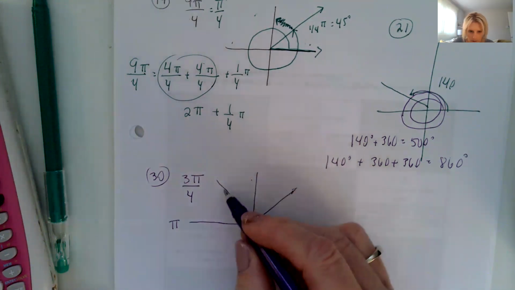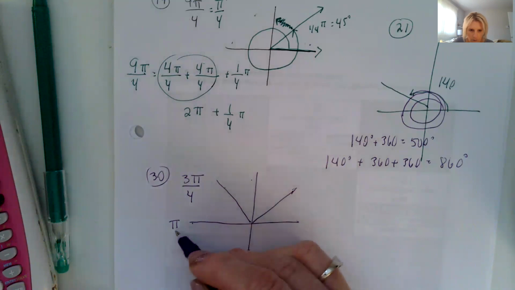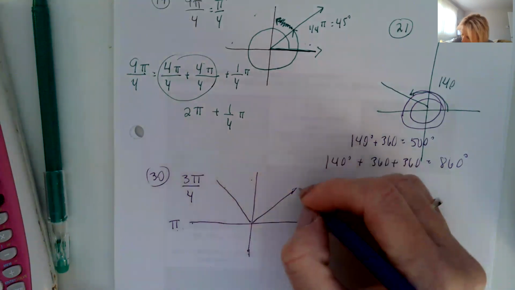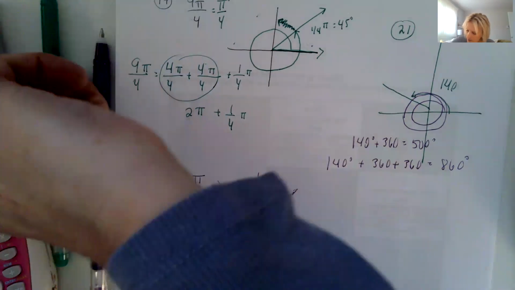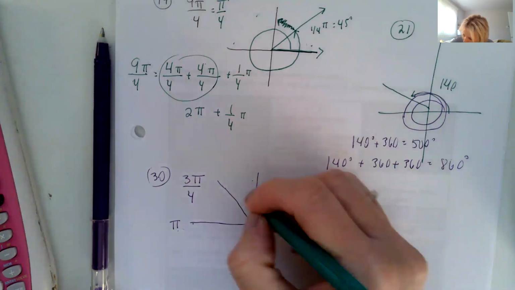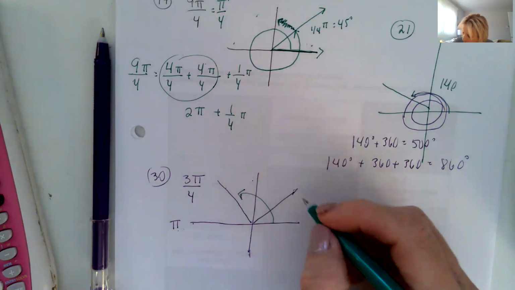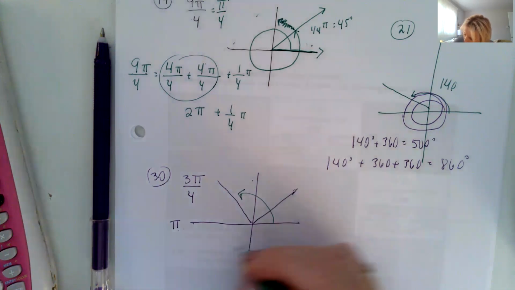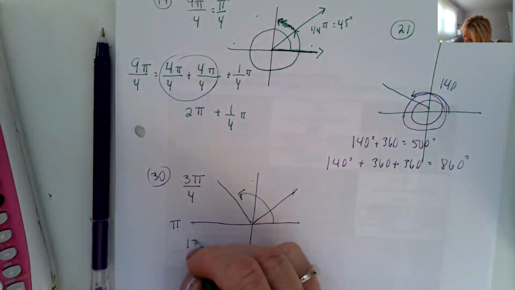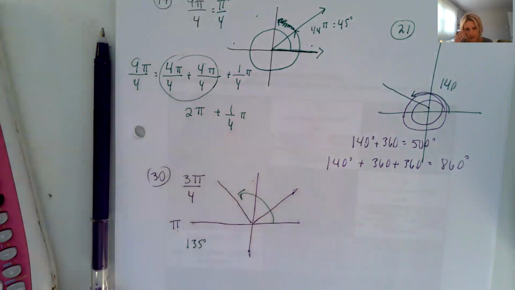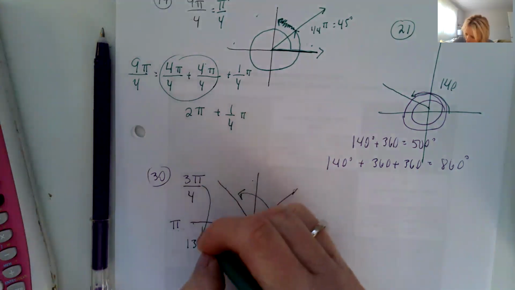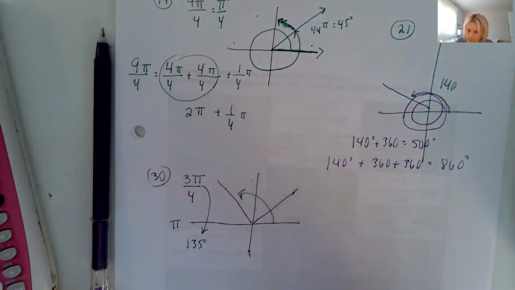This would be 2/4. This would be 3/4. This would be 4/4, which would be the full pi. So this is a 3/4 angle. And we said 135 degrees is 3/4 pi.